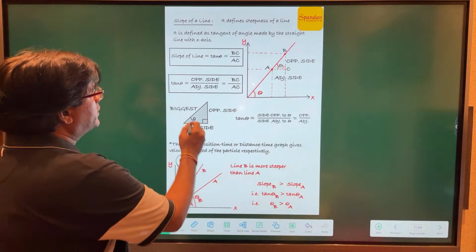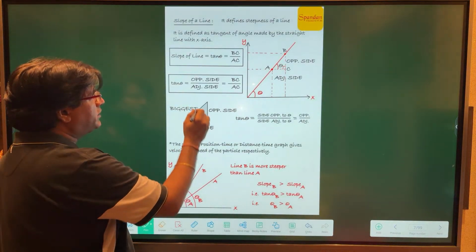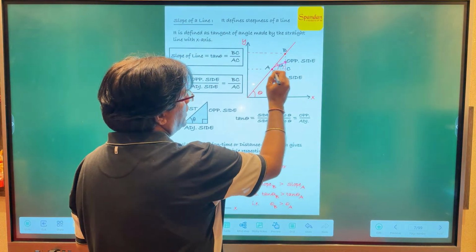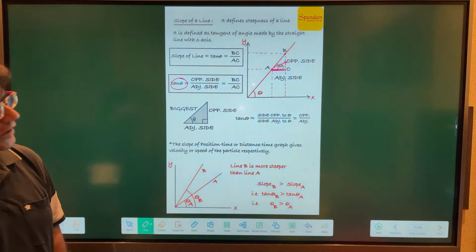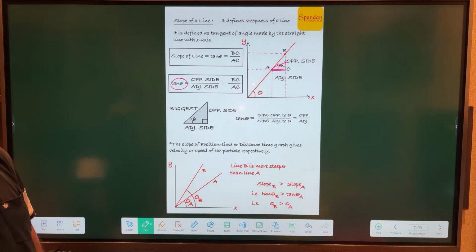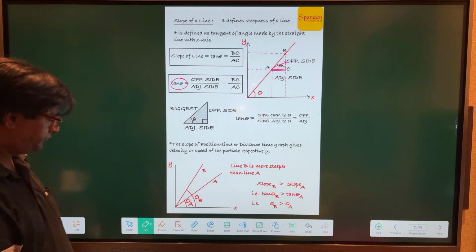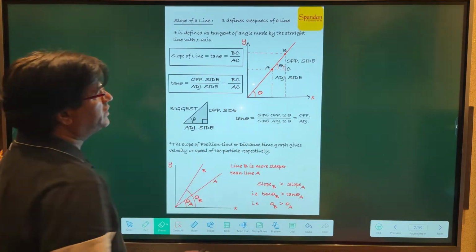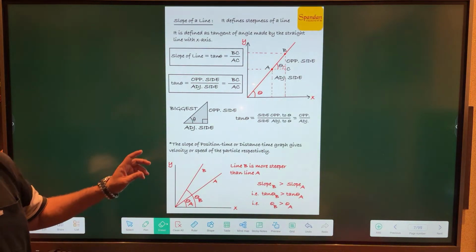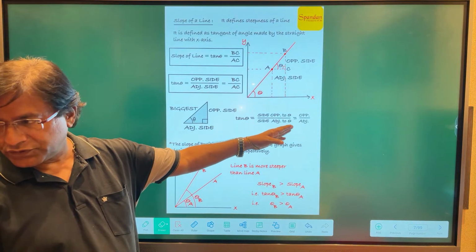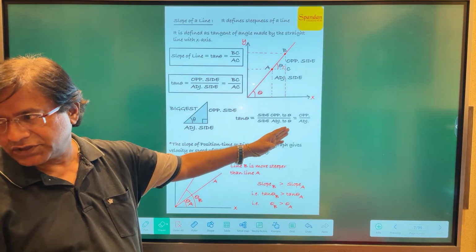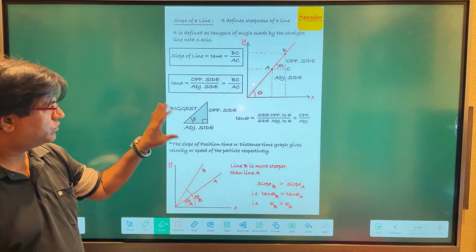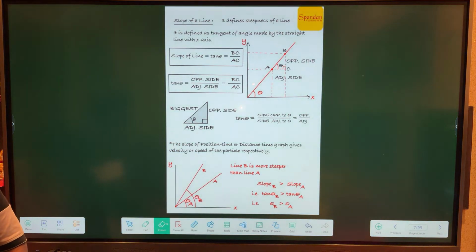So tan theta is the ratio of the side opposite to theta and the side adjacent to theta, that is opposite upon adjacent. So here we can understand the slope of a line.